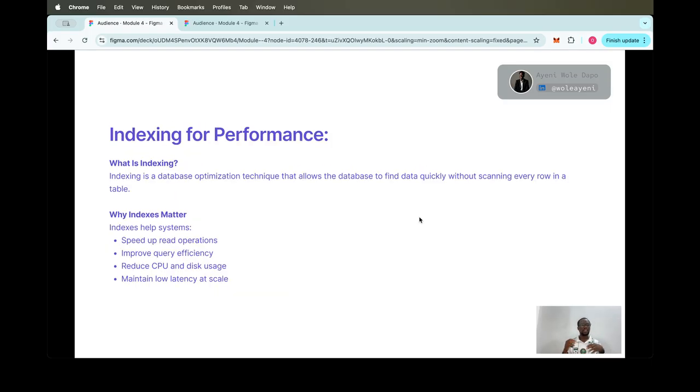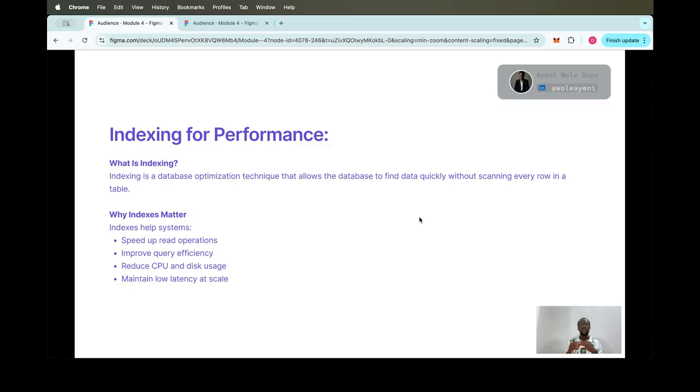Lastly, we'll be looking at indexing for performance. What does this mean? Indexing is a technique that allows data in a database to be found quickly without having to scan through every record. Let's use a typical example.